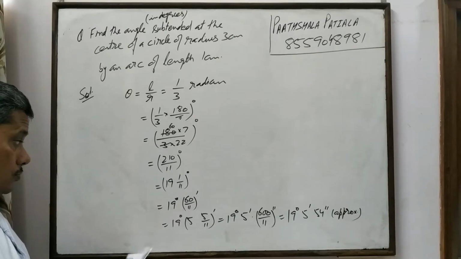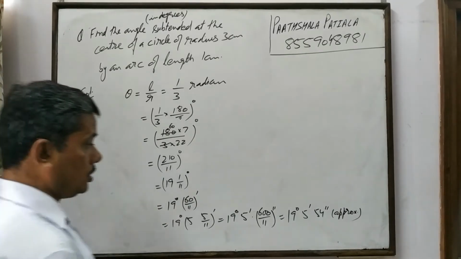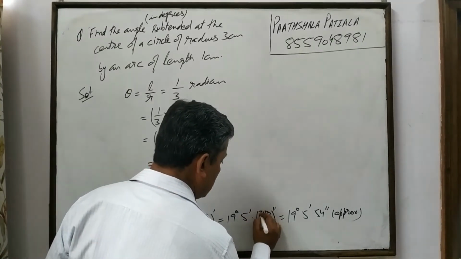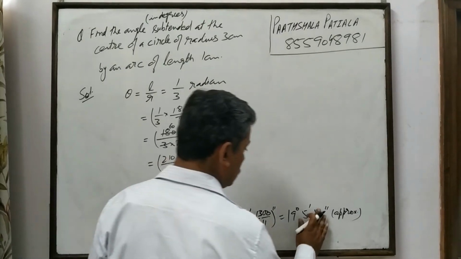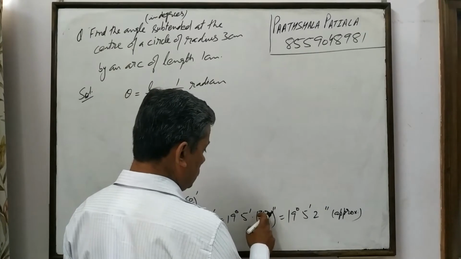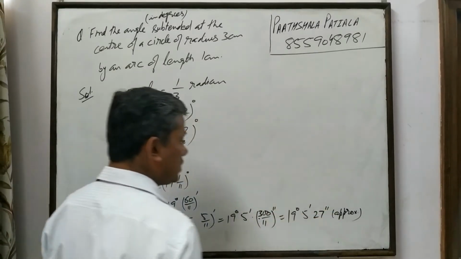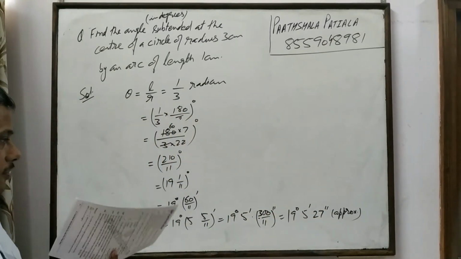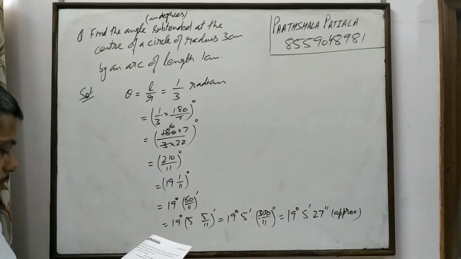Sorry, make a correction. It is 300 seconds. So this will be 27 seconds approx. 19 degree 5 minutes 27 seconds approx.